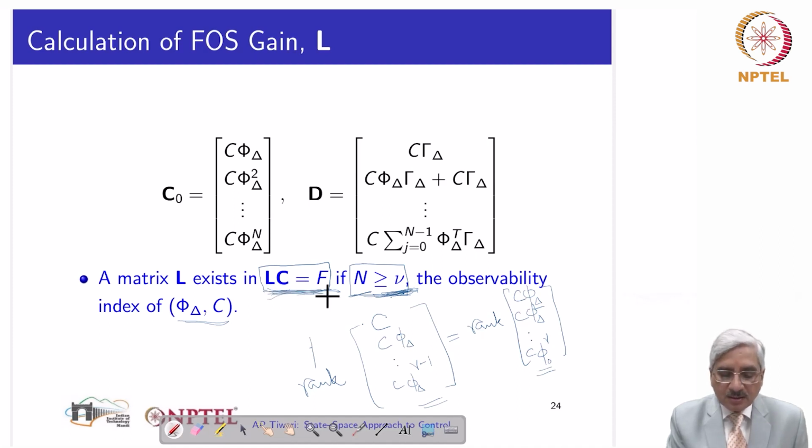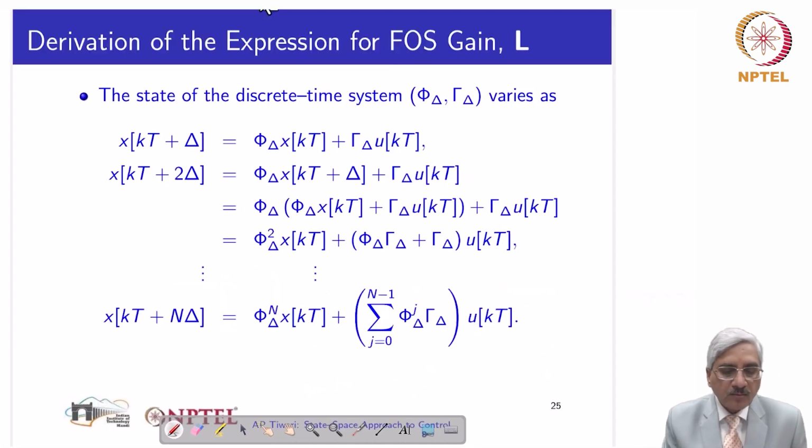And LC realizes this state feedback gain F, and so the response of the closed loop system with this fast output sampling gain controller will be identical to the response of the closed loop system with the state feedback controller, U equal to Fx. So now we derive that relation.